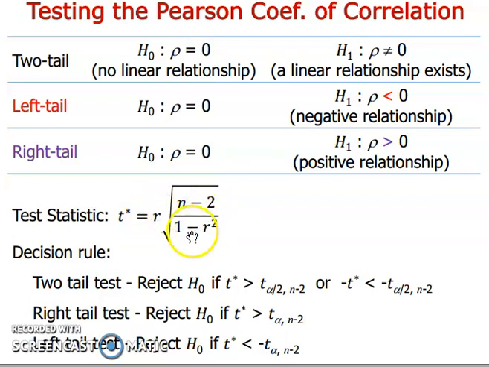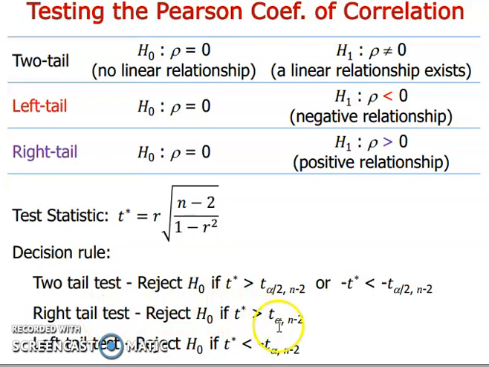Once we have the value of r, we can replace it in this formula and get the calculated t star. Once we have the calculated t star, we can compare it with the critical value. This t star follows the t distribution. For a two-tailed test, we reject H0 if it falls in the rejection region, meaning larger than the critical value or less than the minus critical value.